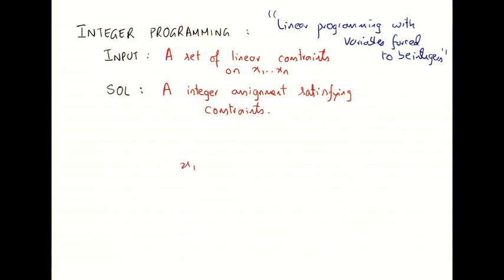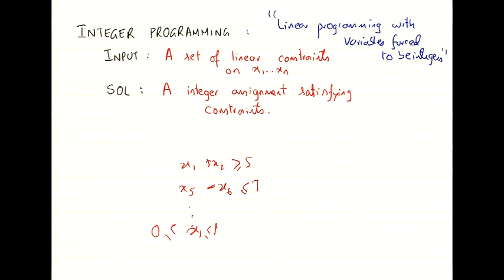So you can have x1 plus x2 greater than or equal to 5, x5 minus x6 less than or equal to 7, a bunch of constraints like this, and you just want to find an integer assignment that satisfies all these constraints, just like linear programming with integers. And I took out the objective function because we want the problem to be in NP.